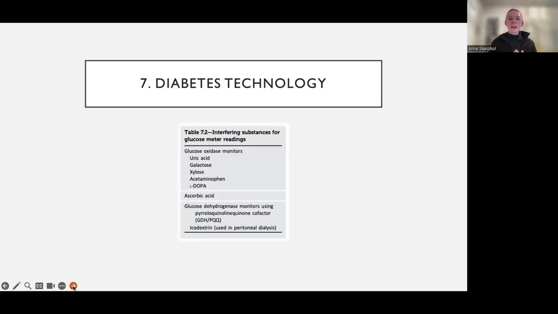And if you look in the guidelines, there's actually a specific table that looks at different brands of CGM and how different substances impact them. So if you suspect or notice that a patient maybe takes a lot of Tylenol or something and they're not getting accurate readings, this might be something to look into for your patient. You can check out section 7 and look to see if their specific brand of CGM has a medication interaction with it.